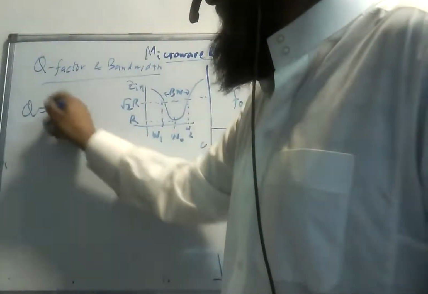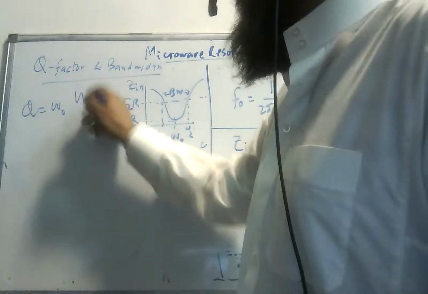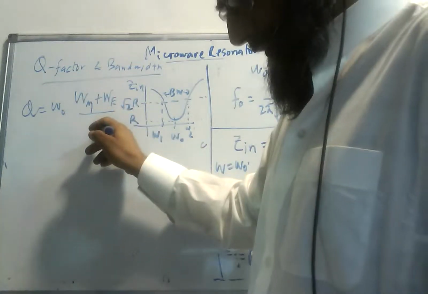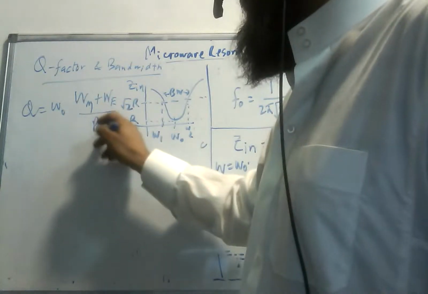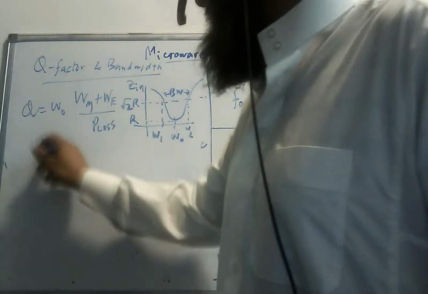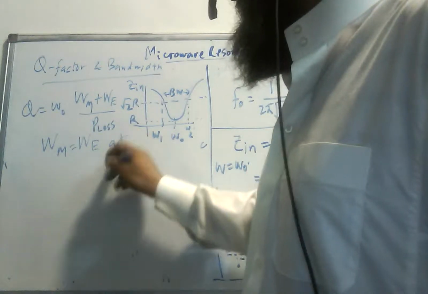Q factor is defined as omega naught multiplied by the magnetic energy plus electrical energy divided by P loss. Now we know that at resonance, omega m equal to omega e.